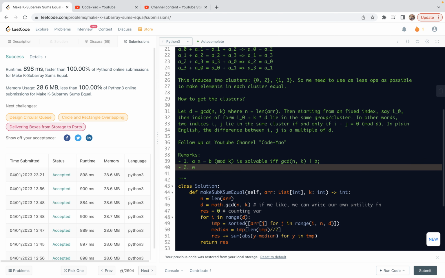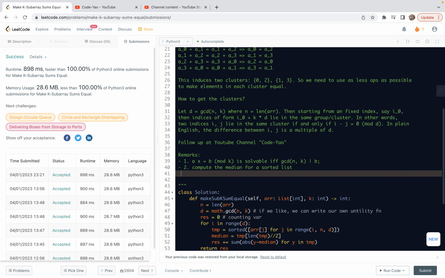Another thing is when we compute the median for a sorted list. If the list contains an odd number of elements, we just pick the middle one. If it contains an even number of elements, we can choose the mean, right? For example, if we have 1, 2, 3, the median will be 2, right?